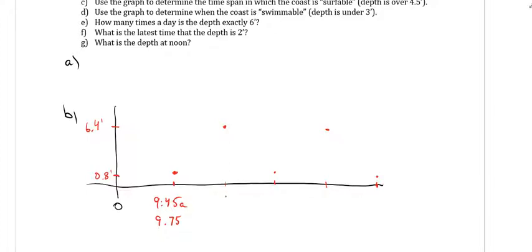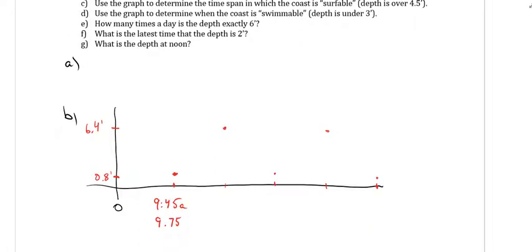So then the next one is 3:45 p.m. And then it'll be 9:45 p.m. And then it'll be 3:45 a.m. And then it'll be back to 9:45 a.m. So what would 3:45 be on a proper scale?